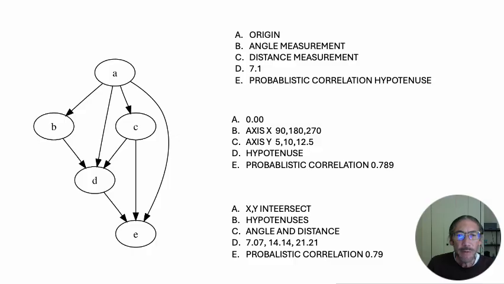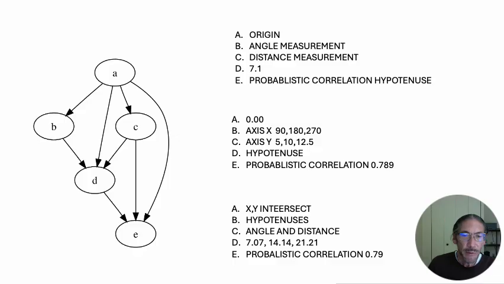D can represent the hypotenuse, 7.1, or hypotenuse in general, or the three hypotenuses that are derived from point 0, the intersect. And finally, E is the probabilistic correlation of the nodes that represent specific numbers that have been graphed onto the coordinate graph.